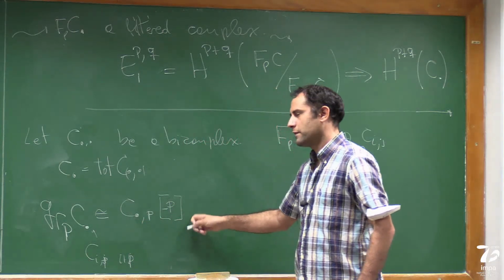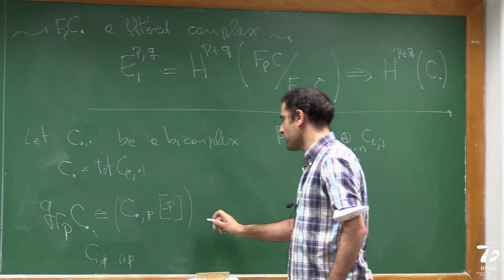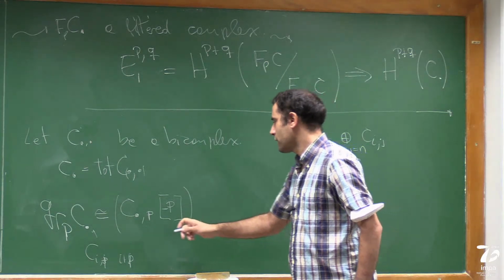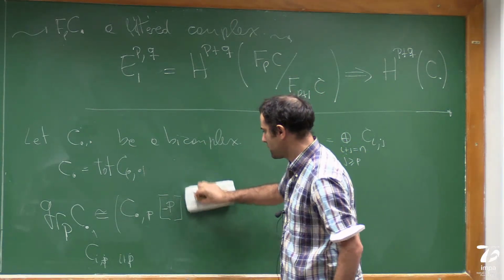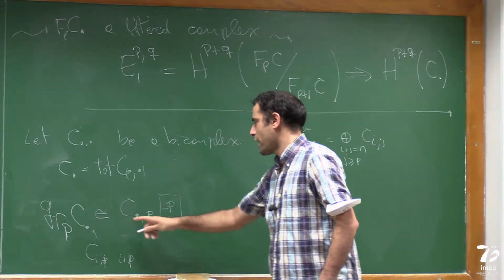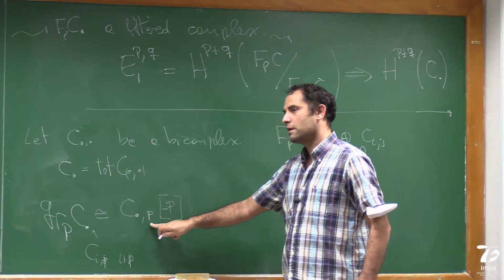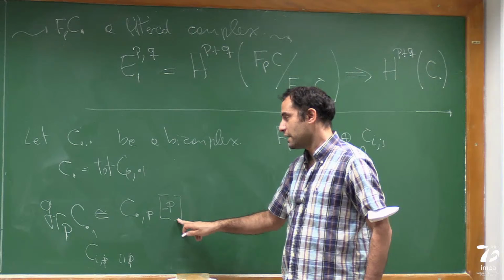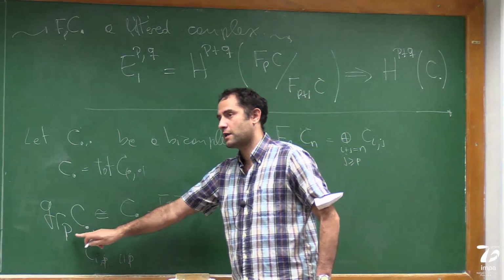So the component of this guy in degree n: when I look at C^{i,p} in this complex shifted by minus p, it is of degree i plus p, which is this guy here.